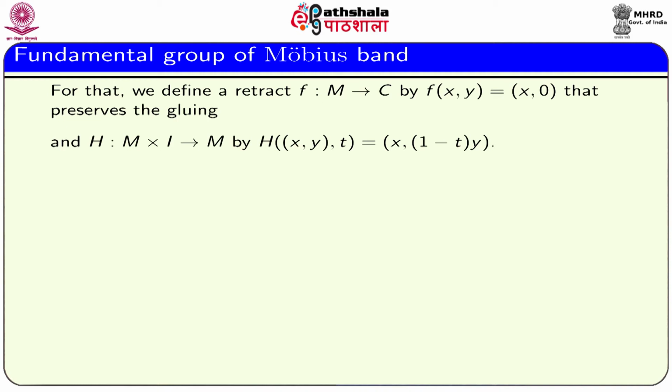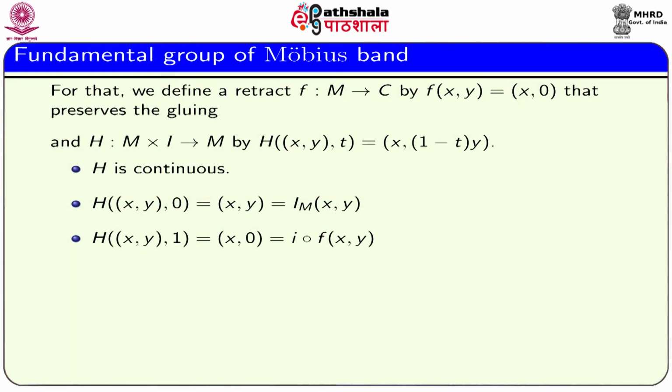For that, we define a retract F from M to C by F of x, y equal to x, 0, that preserves the gluing, and we define capital H from M cross I to M by H of x, y, t equal to x, (1 minus t) times y. Then of course, capital H is continuous.